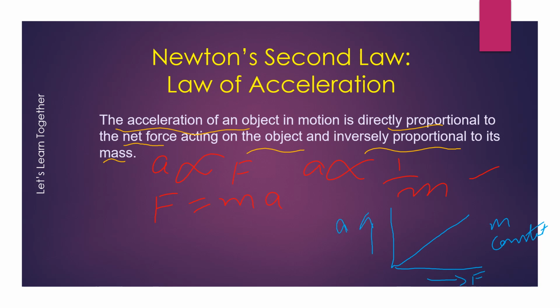So we are having a straight line graph. This is the direct proportionality. So this is what the second law is.